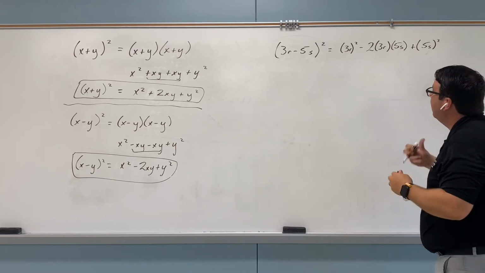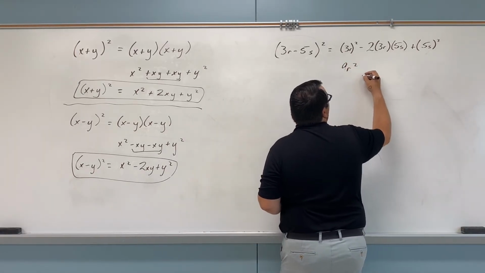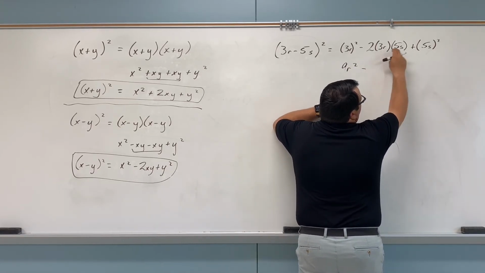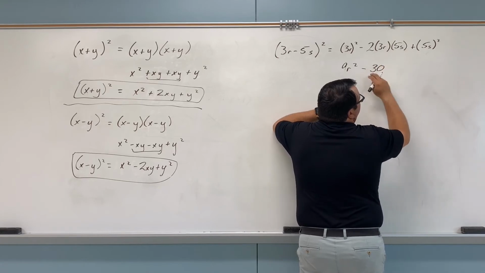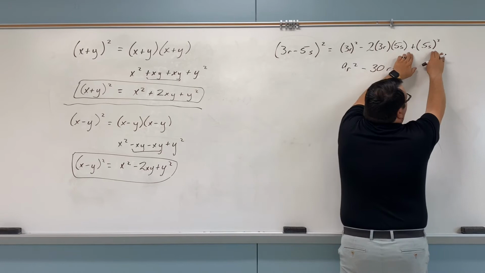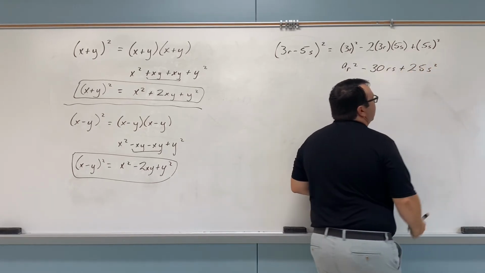Okay, let's go ahead and work that out. That's 9r squared minus 2 times 3 is 6, times 5 is 30, rs, plus 25s squared.